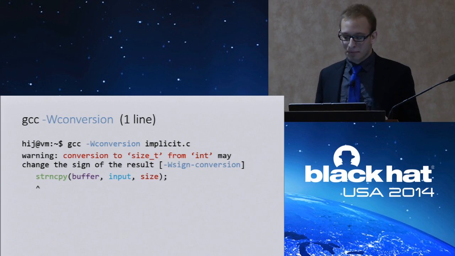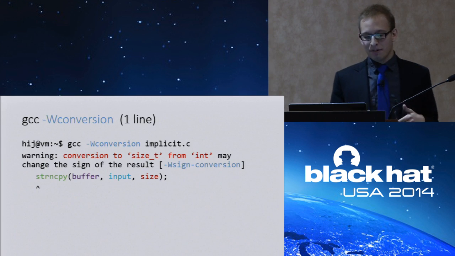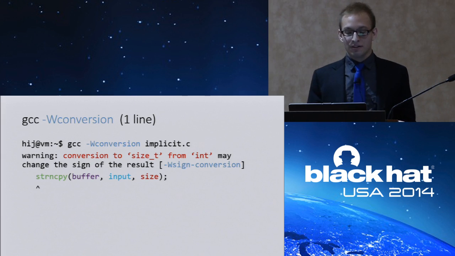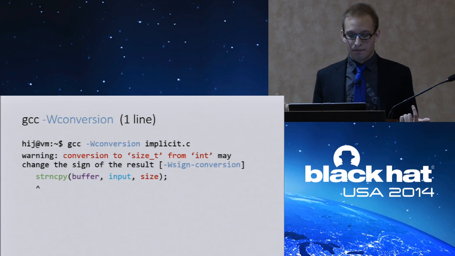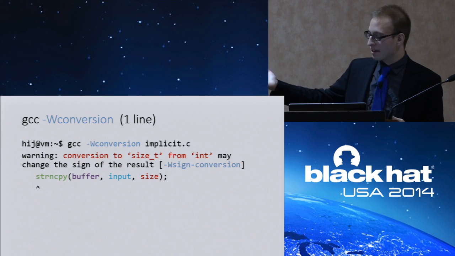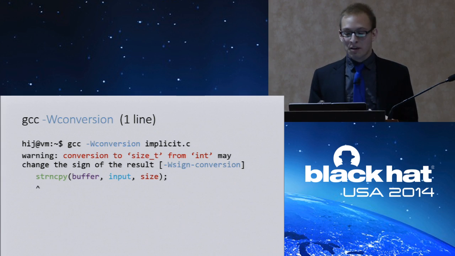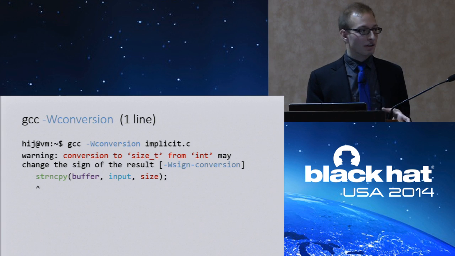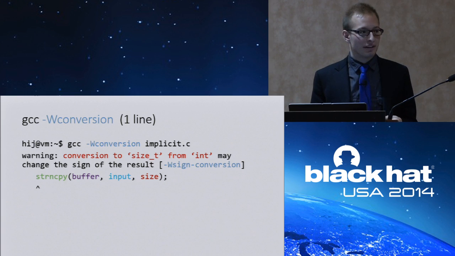In this example, implicit.c is just this code, and it shows us a conversion to the unsigned integer, size_t, from the signed integer size that we got from the user. And it gives us a pointer to the line of source. On my Ubuntu VM, -Wconversion was not included in -Wall, but someone on Twitter said that they found it using -Wall.